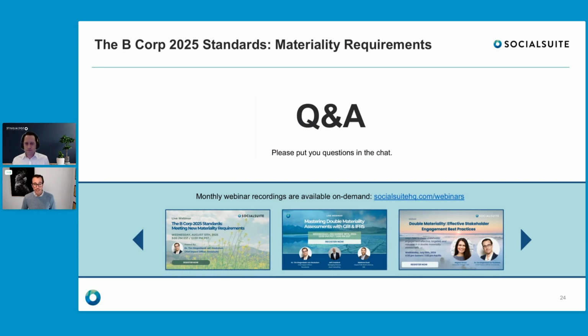Yeah, great question. And I think this is really something that has happened coming out of the double materiality process that has been mandated in Europe. We're still talking about sustainability topics, but the material topics are related, if you drill down into them, to your material impacts, risks, and opportunities.